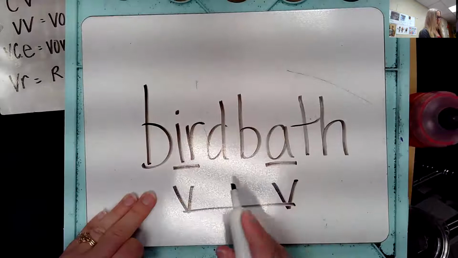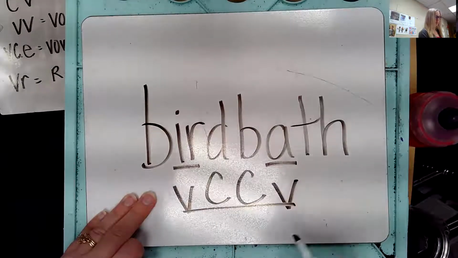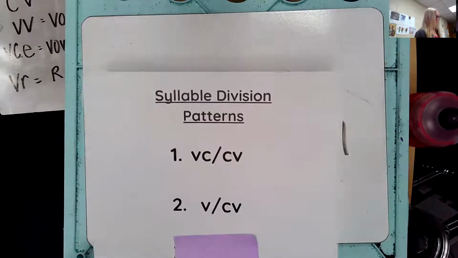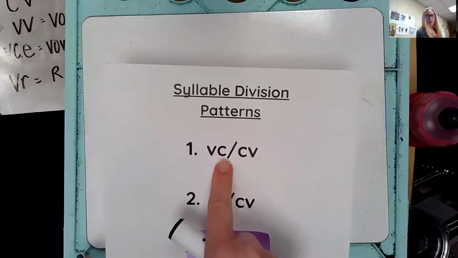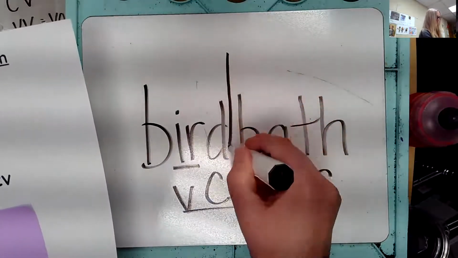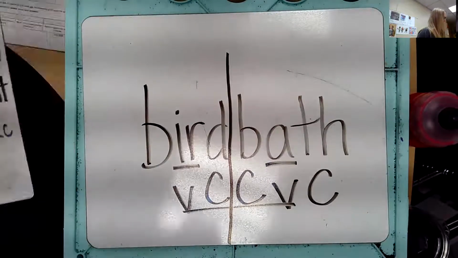Draw our bridge, come back, mark anything in between. We have 2 consonants. All right, so let's go back. The most common place to divide words into syllables is between the 2 consonants. Guess what? We can do it this time. There it is.